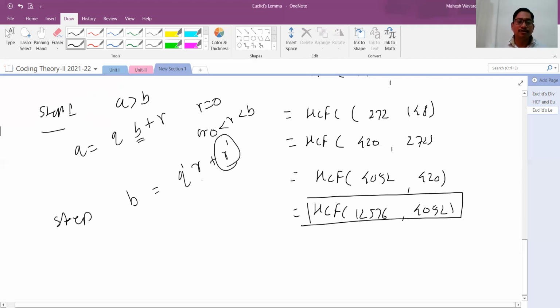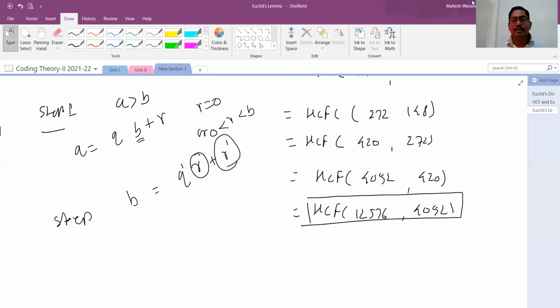If this remainder is 0, then r is the greatest common divisor or highest common factor of these two numbers. If r dash is not equal to 0, we have to continue till you get 0 at last, like this example. So in this way, the highest common factor can be computed.